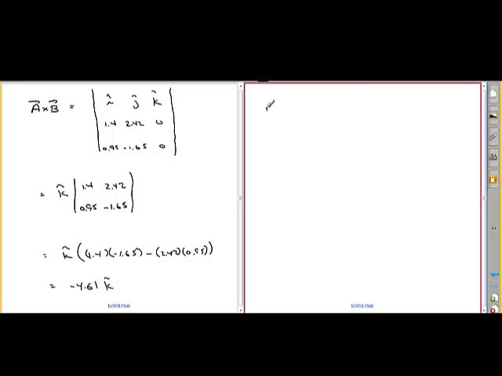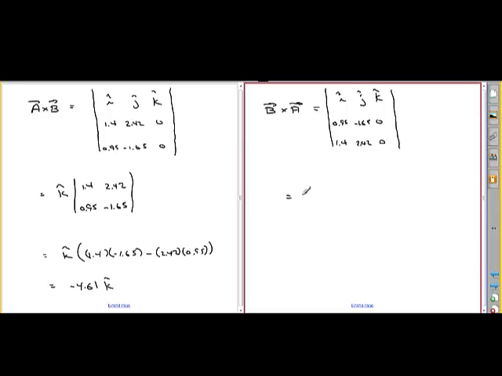Now, if we do B cross A, we're just going to switch the rows here. So this becomes 0.95, negative 1.65, 0, then 1.4, 2.42, 0. We still only have the k unit vector, and we'll get the same magnitude.